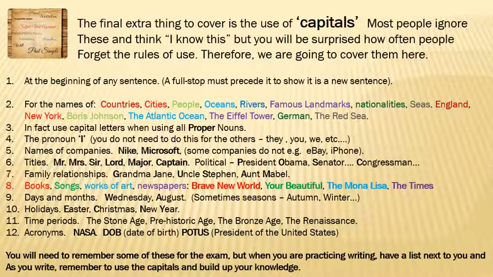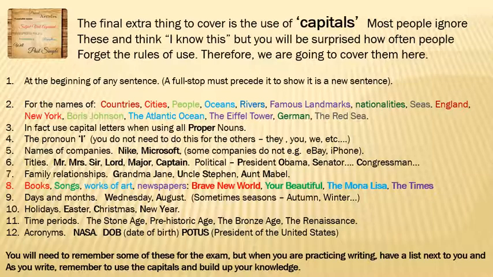It's a famous landmark, just like the Great Wall of China, the Great Barrier Reef in Australia. There are hundreds of famous landmarks around the world. Nationalities, German, and seas, the Red Sea. So all of these things, when you're writing them, they must have capital letters.